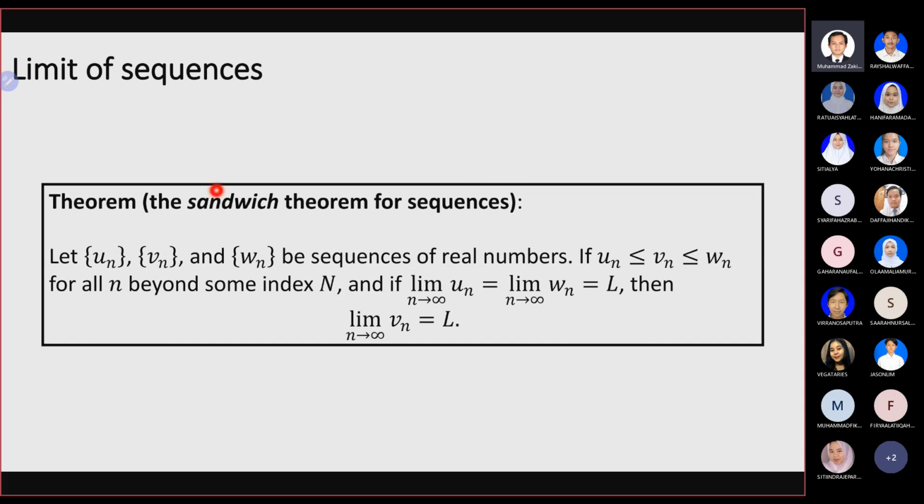Let's say we have U_n, V_n, and W_n, sequences of real numbers, and we assume that U_n is always less than or equal to V_n, and V_n is always less than or equal to W_n for all n beyond some index. If the limit of U_n and W_n as n goes to infinity is L, then we know for sure that the limit of V_n as n goes to infinity is also L. That's why this is called the sandwich theorem.